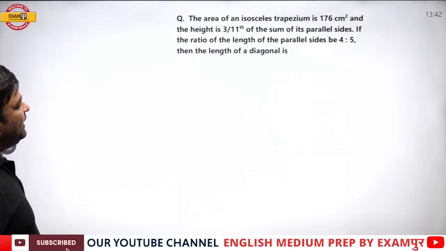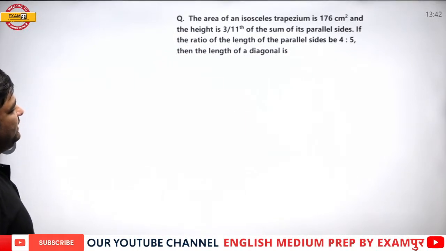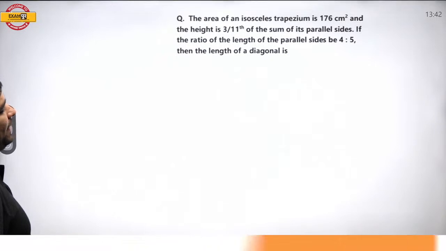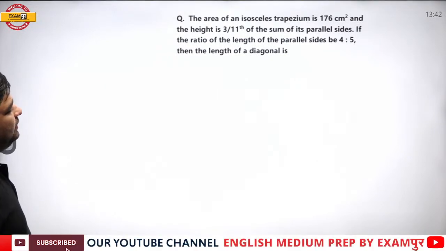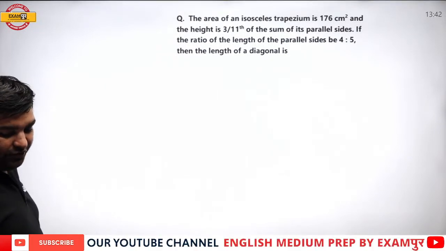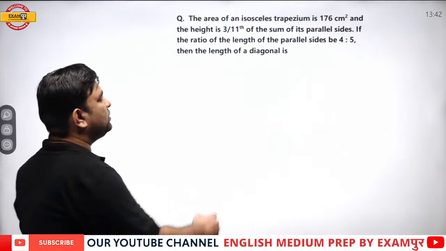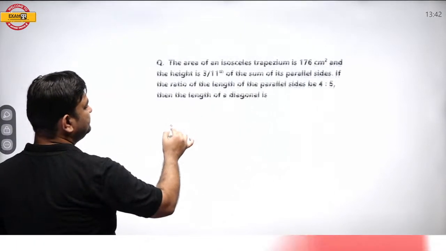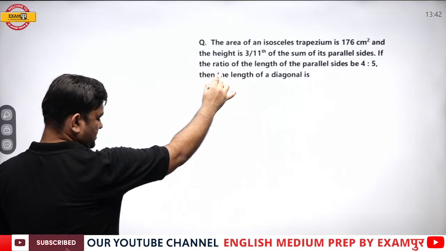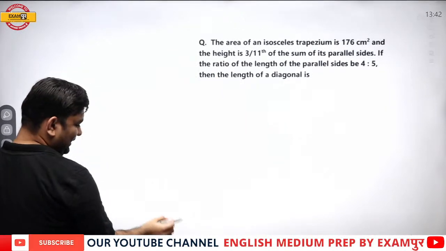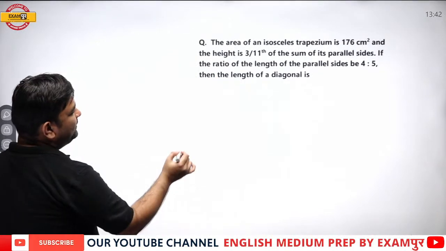The area of an isosceles trapezium is 176. Height is 3 by 11 of the sum of the parallel sides. Again try it, guys. The concept is important only.